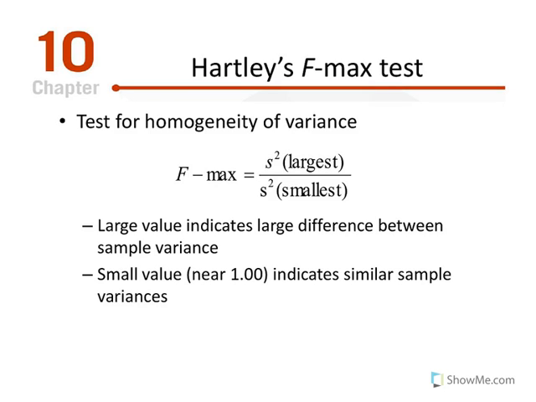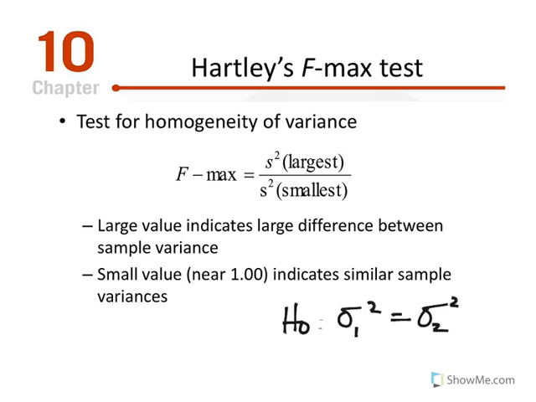The F-max test is based on the principle that the sample variance provides an unbiased estimate of the population variance. The null hypothesis for this test states that the population variances are equal. So again, the null in this case says that the population variance for population 1 is equal to the population variance for our second distribution.